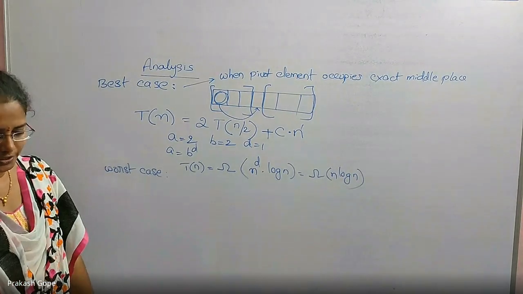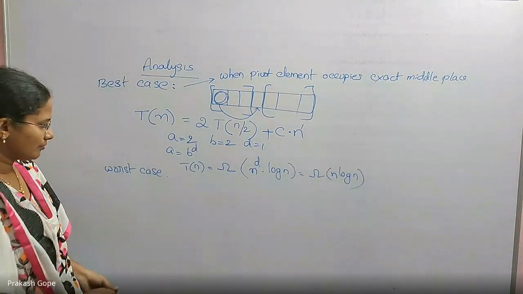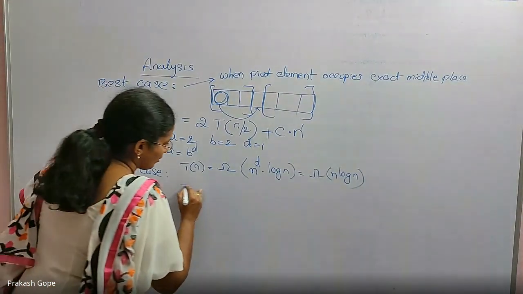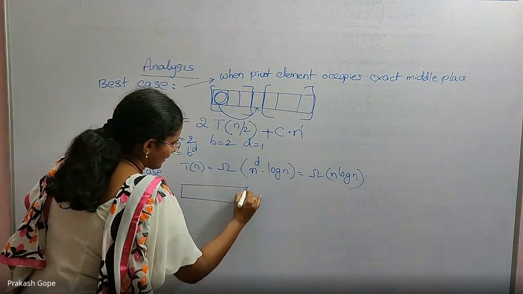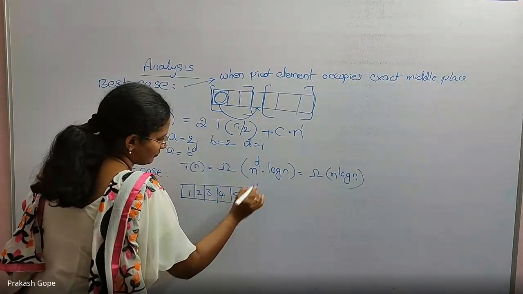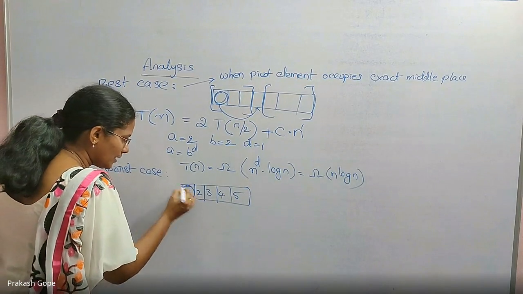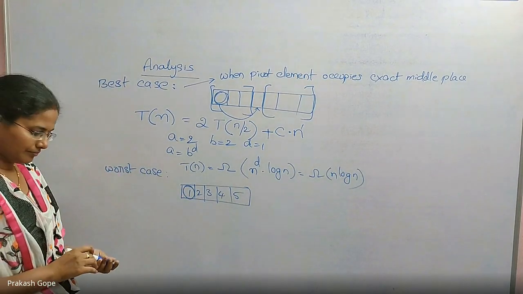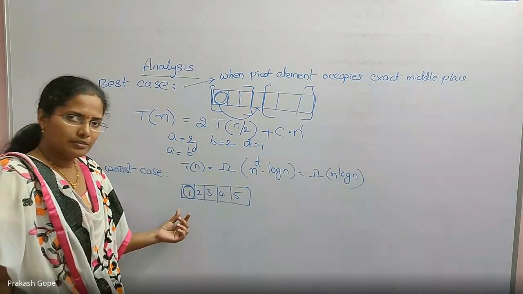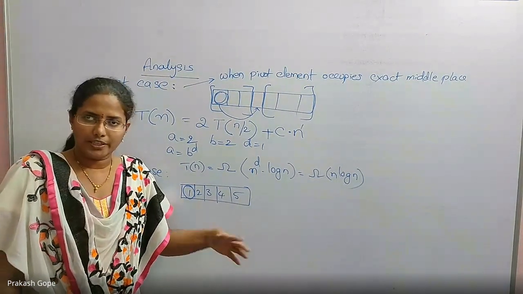How about worst case? And when does it occur? For example, the array that I have taken is like this, and the pivot element that I have selected is the first element. After the partition function executes, of course, the partition function will take n time.